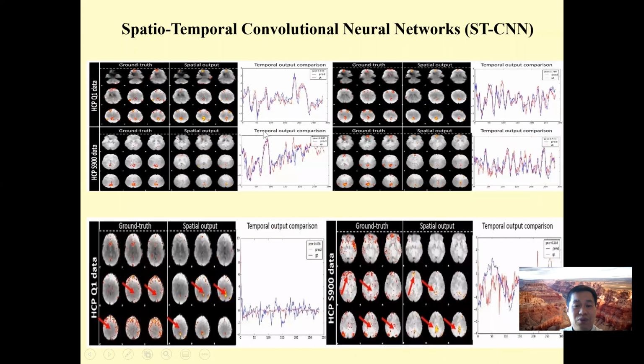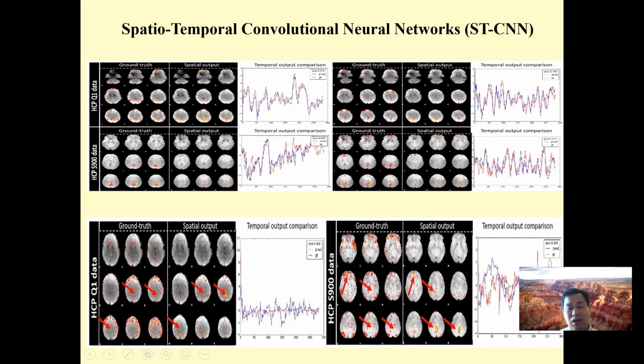If we do the theoretical comparison and statistical analysis, we can see that in many cases the spatial temporal CNN works at least comparably to or better than the sparse coding method. And in these cases, the sparse coding method fails, but the spatial temporal CNN works.